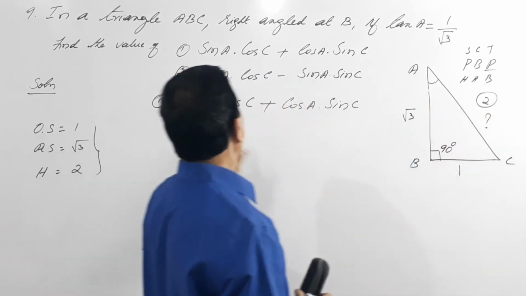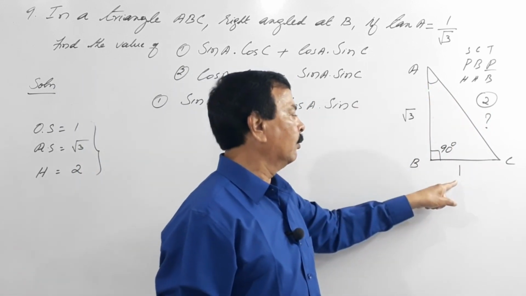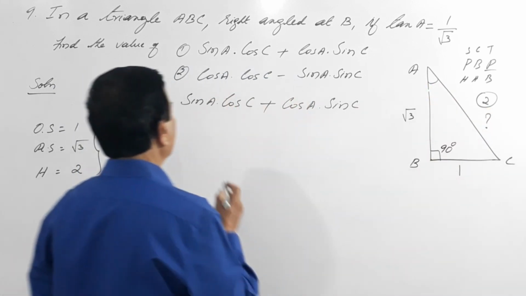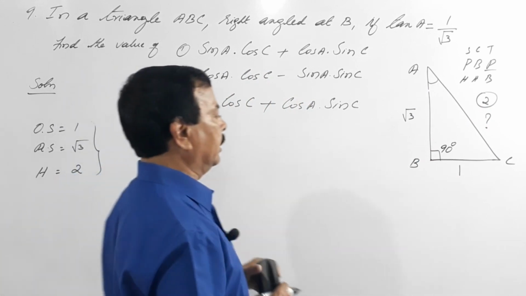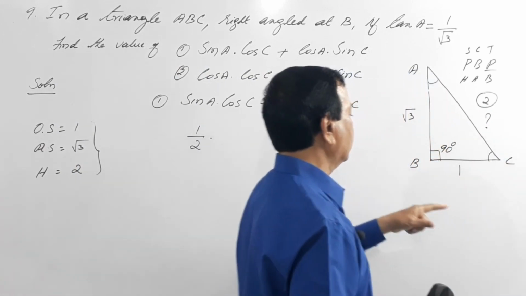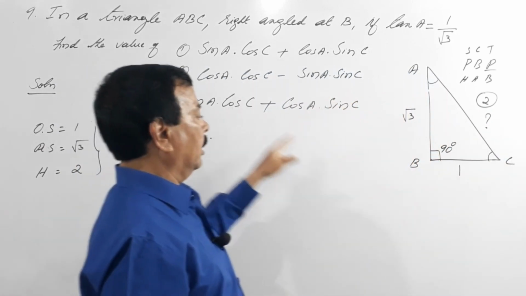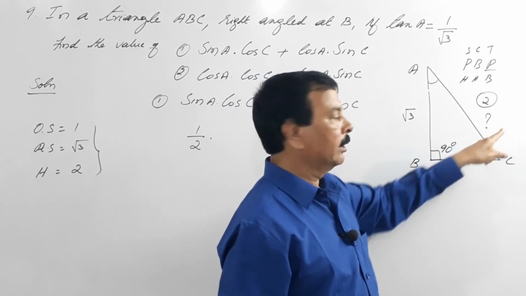Whenever you are taking A, take this with respect to this angle. This becomes 1 by 2 into cos C. Now take cos C, which is adjacent side by hypotenuse, correct?